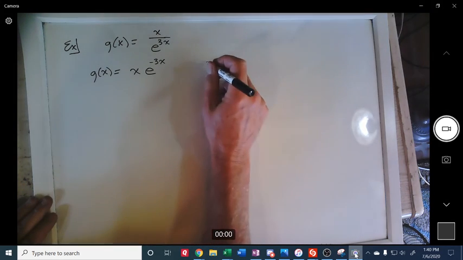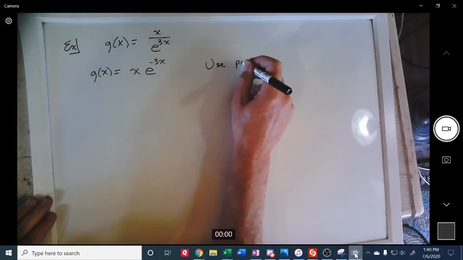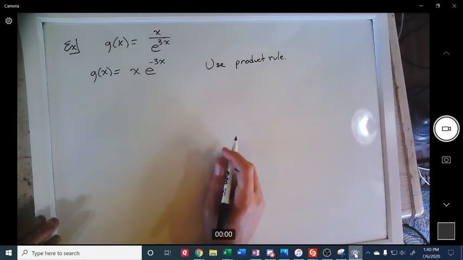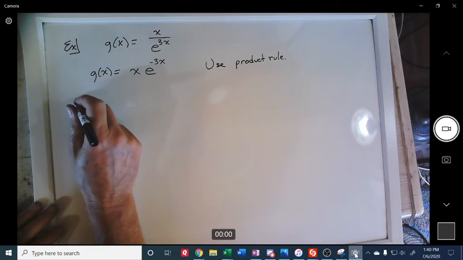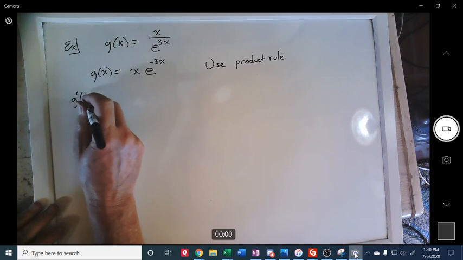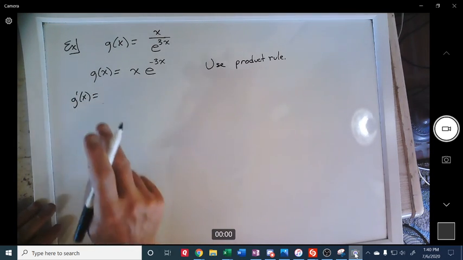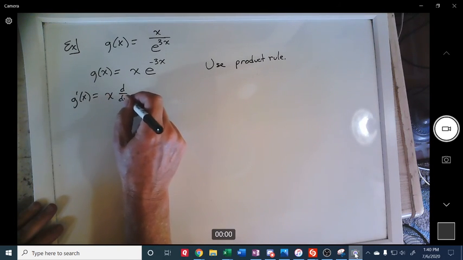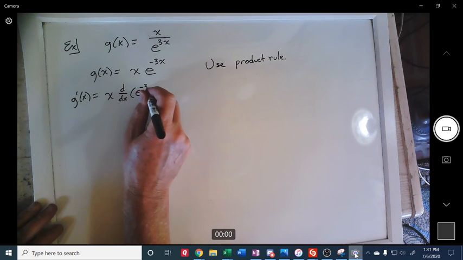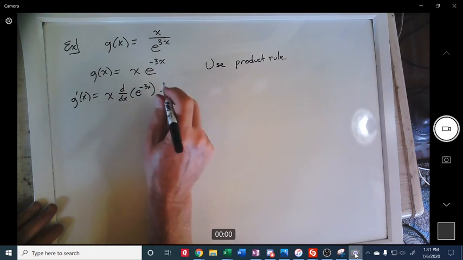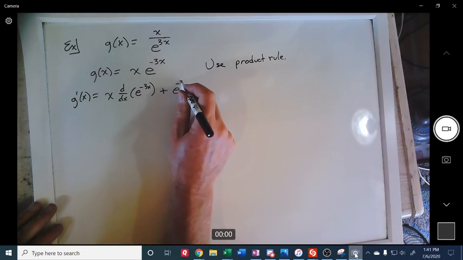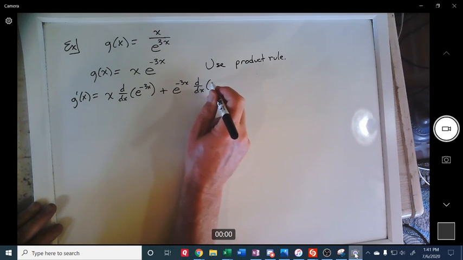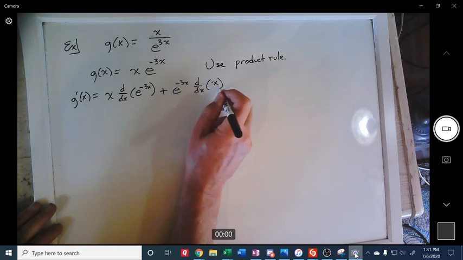So I'm going to use the product rule. g prime of x is first times the derivative of the second plus the second times the derivative of the first.